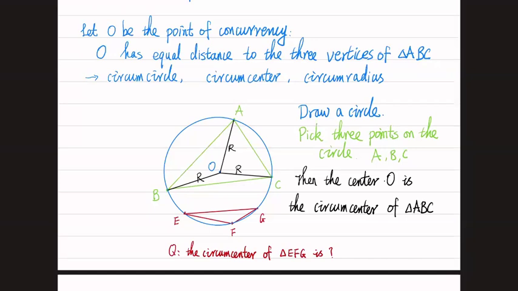Amy, any guesses? No. Kira. I think it's still the same thing because all 3 of the points are on the circle. Okay. So yes, the circumcenter should still be the center of the circle.